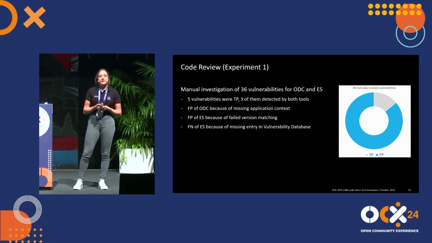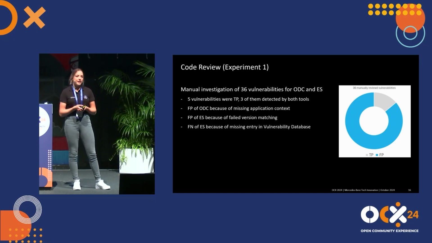We also found that OWASP Dependency-Check has this high number of false positives since it is missing the information of application context. So if the vulnerability is only exploitable with a certain configuration, OWASP Dependency-Check won't notice.